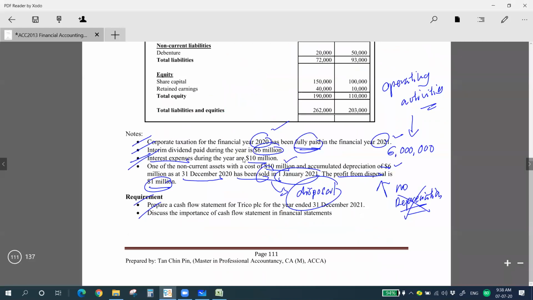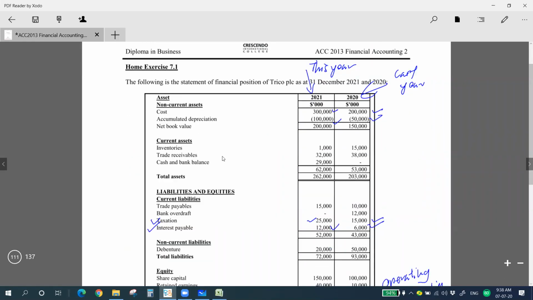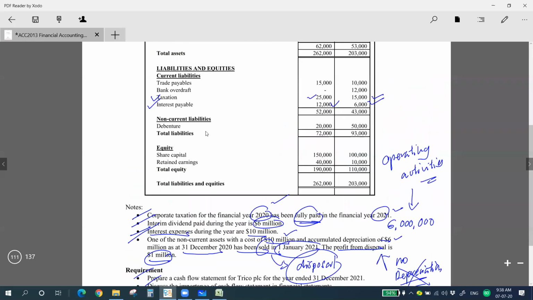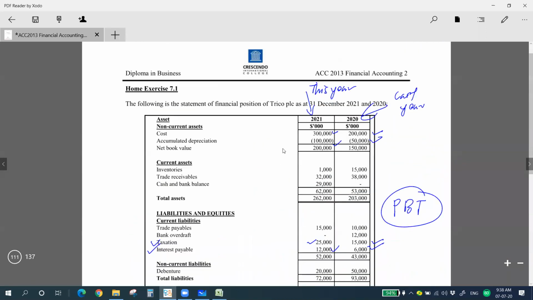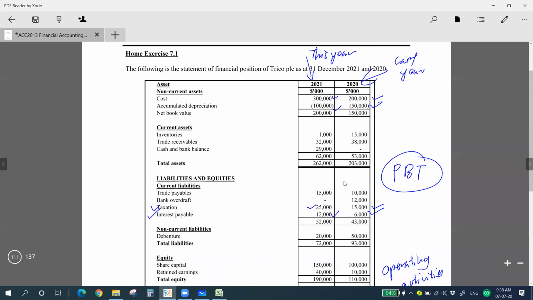So we have completed all the additional information, right? But we know when we prepare cash flow statement, we always start from what? Profit before tax. So in this exercise, did the examiner give you the profit before tax directly?